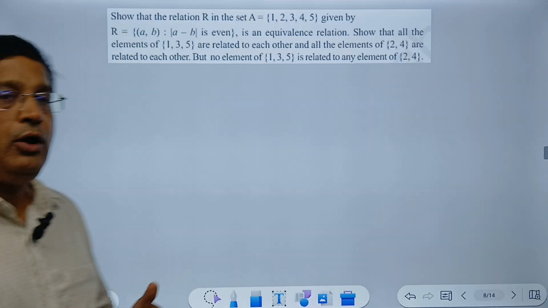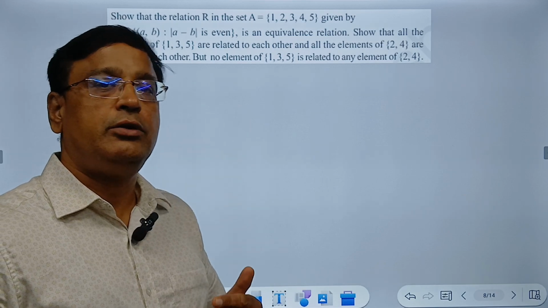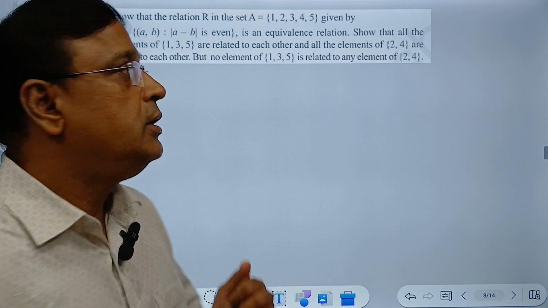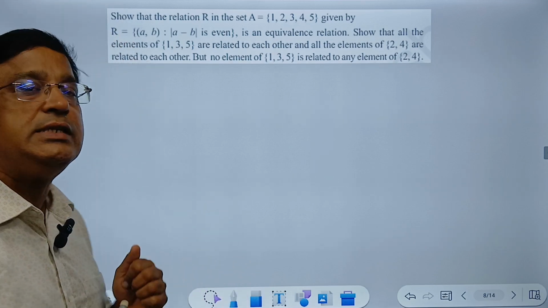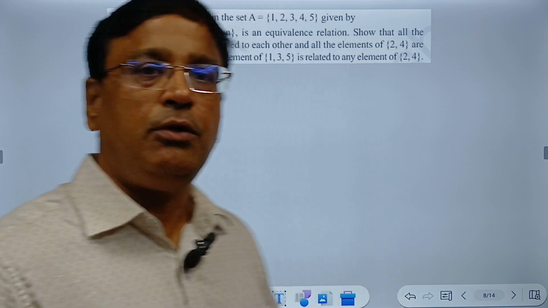Okay? I hope you understood the previous question. Now this is something similar to the question that you did today, the first question. There it was modulus of A minus B is a multiple of 4. Here it is modulus of A minus B is even. When I say modulus of A minus B is even, you have to show it's a multiple of 2.